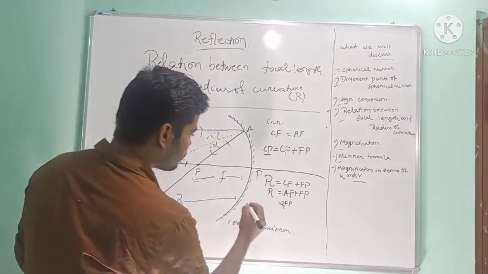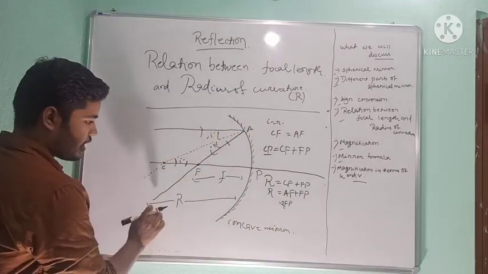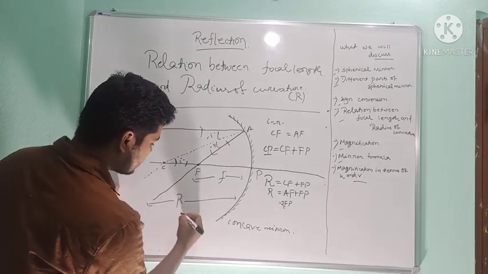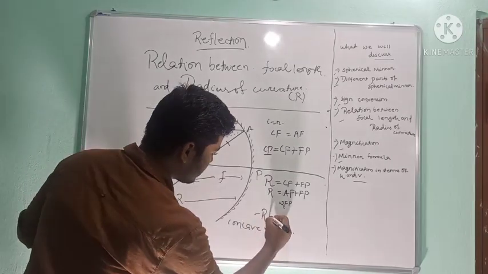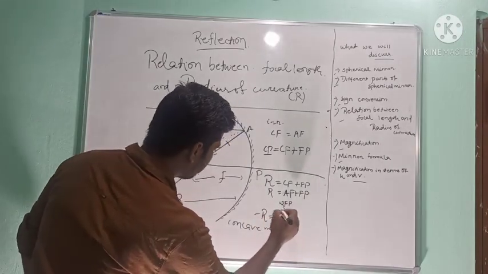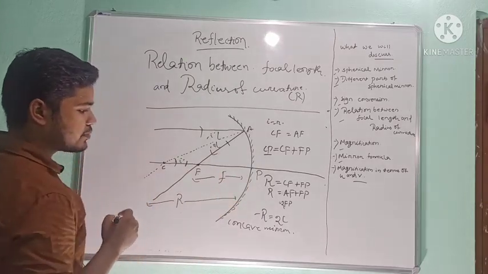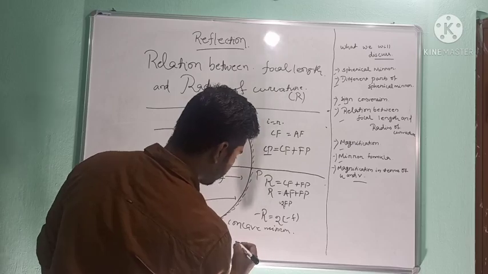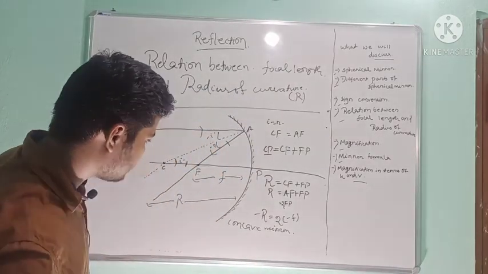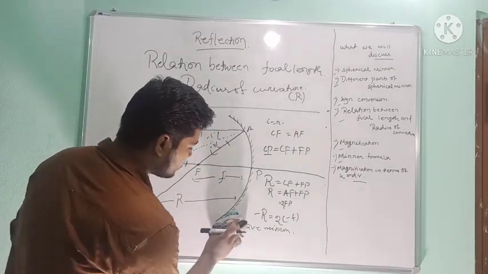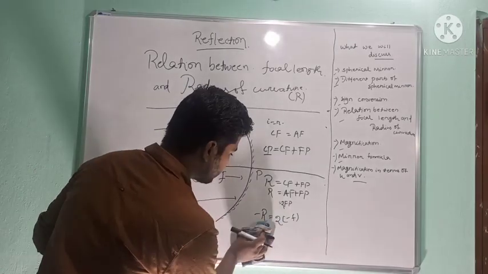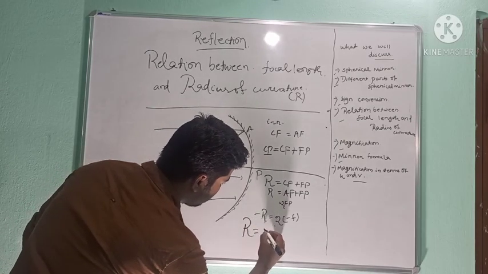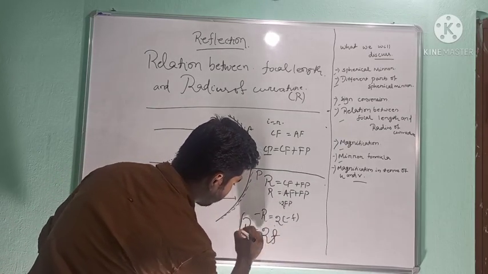Here R is at the left side of the mirror, that's why this is negative, so minus R is equal to 2 into focal length, which is also at the left side, that's why 2 into minus F. Minus minus will be cancelled, so the relation between the radius of curvature and the focal length is R is equal to 2F.